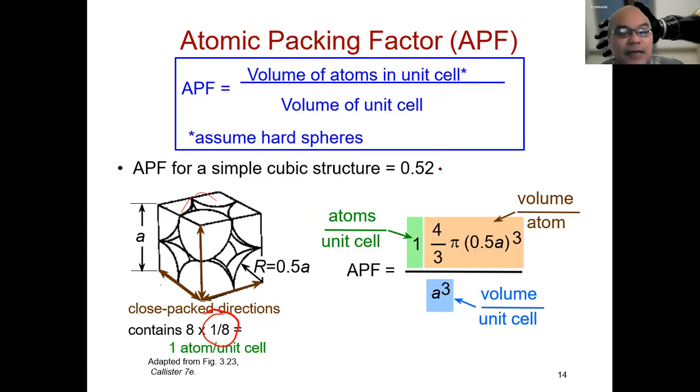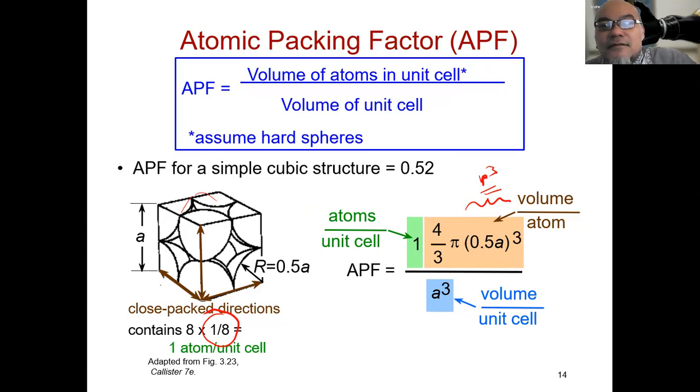If we assume it is a hard sphere, a hard ball, then from the volume of a ball formula it is 4 over 3 times pi times the radius cubed. Now, how to find the radius?